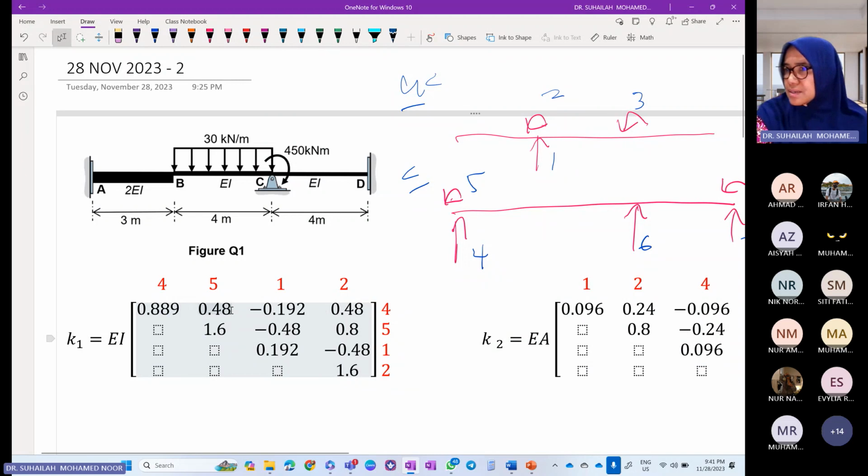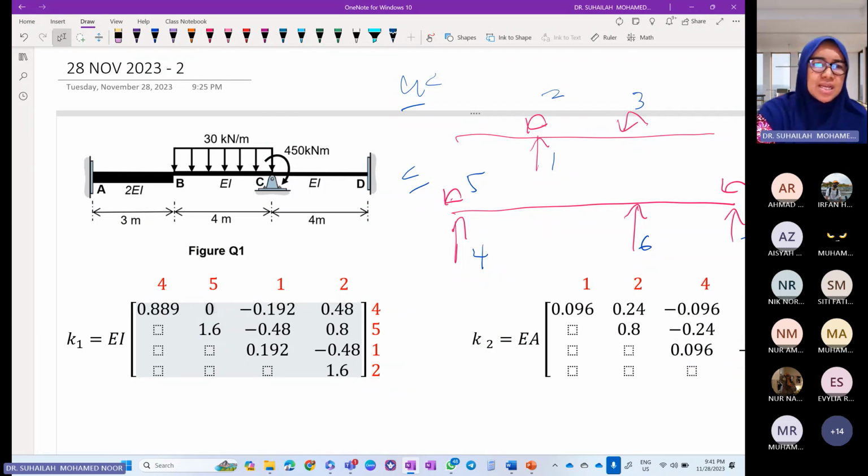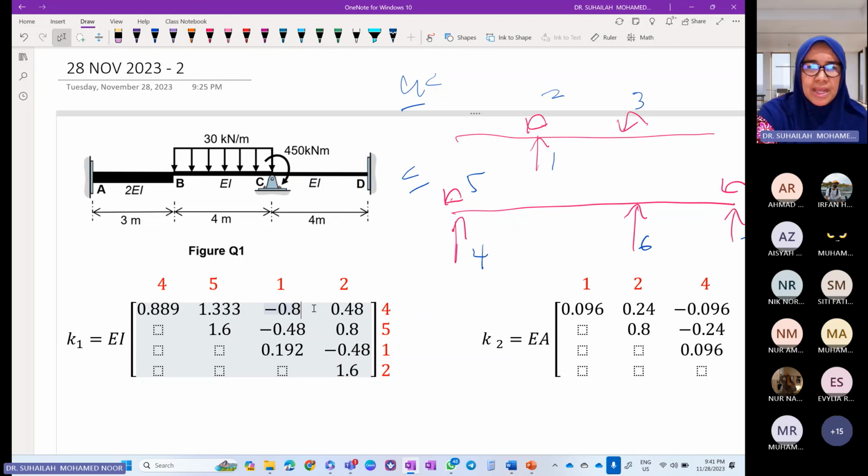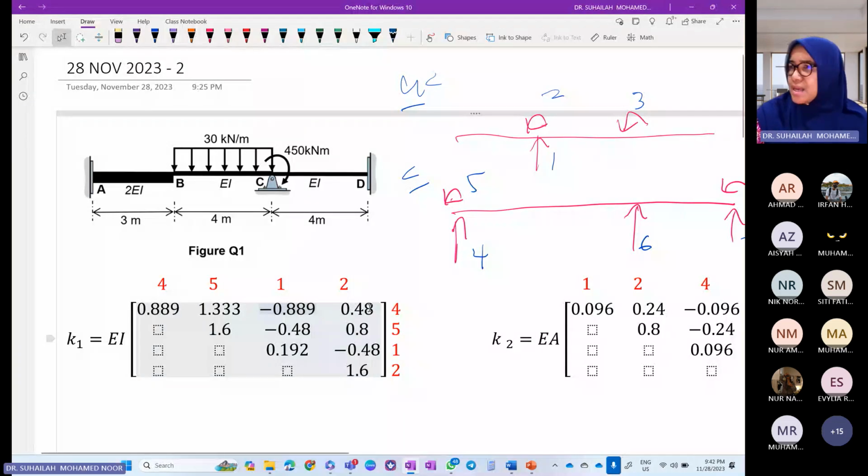And then we get 1.333, and then negative 0.889. Then 1.333, 2.667. I don't think you have to spend 20 minutes just to calculate this value. This is just based on the formula given.